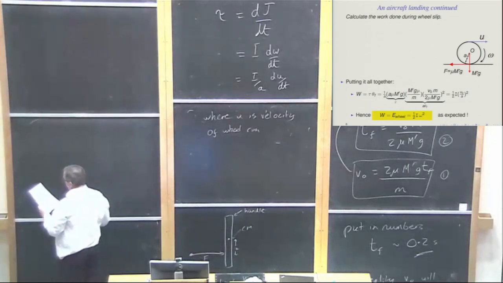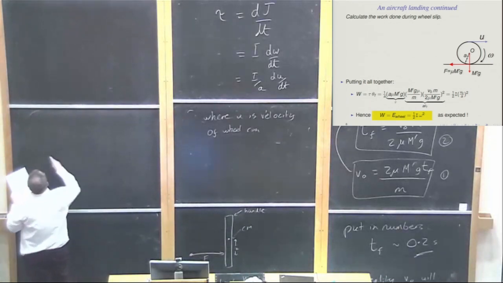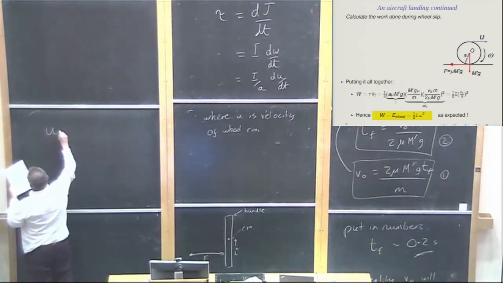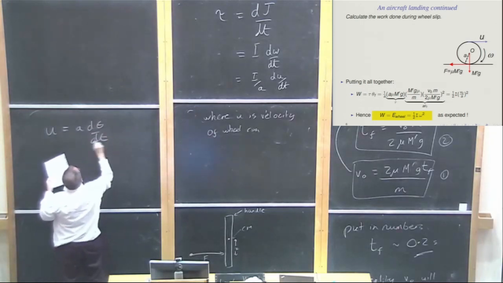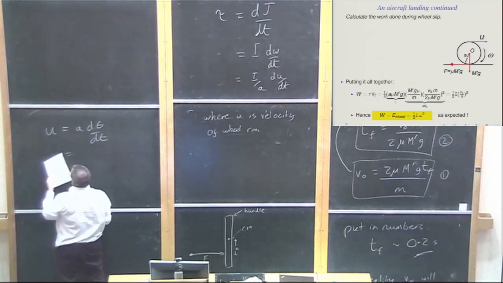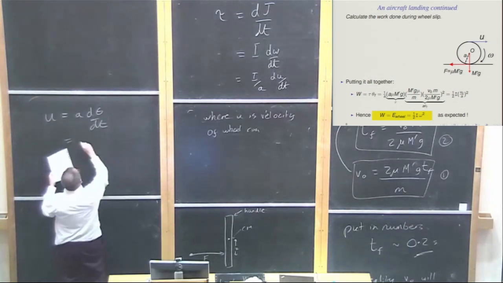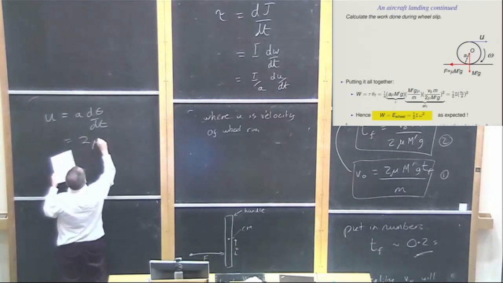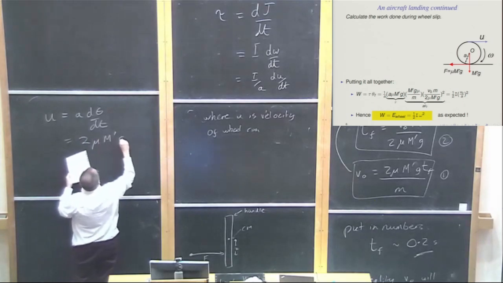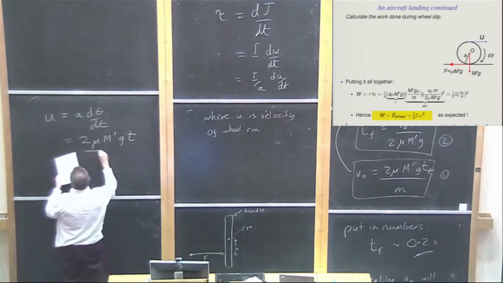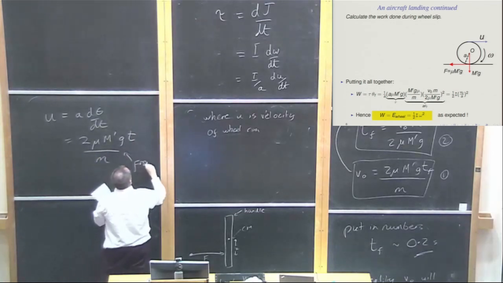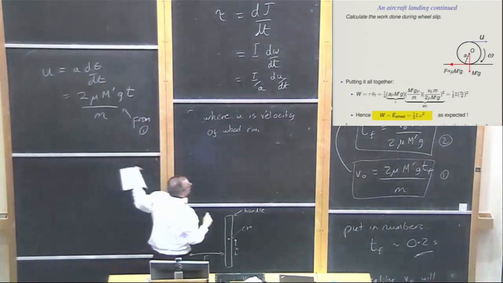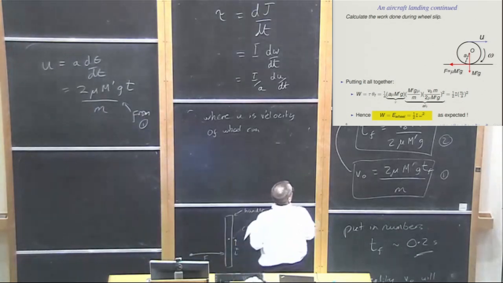We have that u equals a d theta dt, which is the same as what we had in expression 1, which is 2 mu m prime gt over m. This is from 1. So I hope this is the same. Yep.